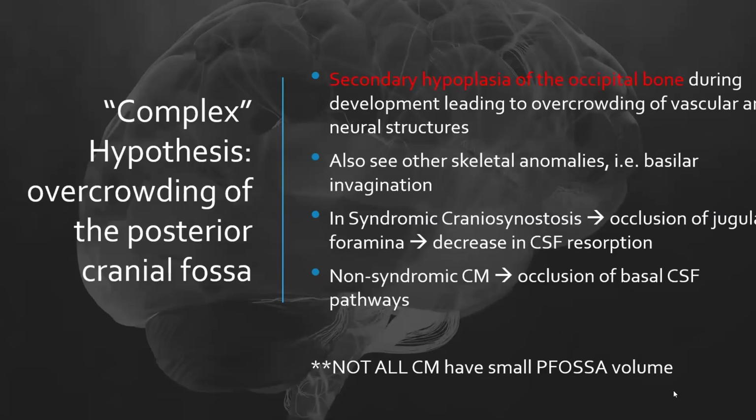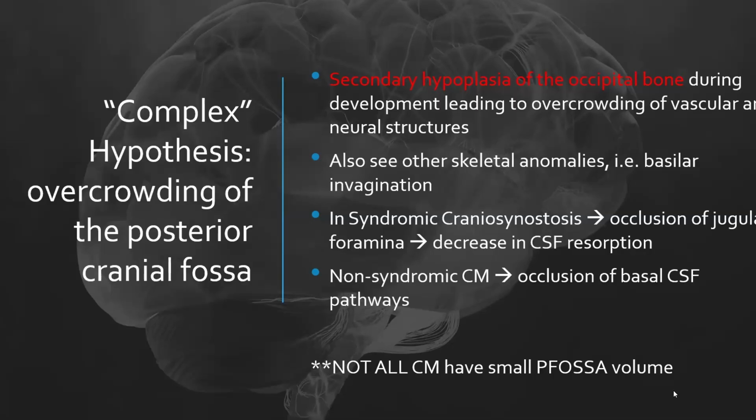And the other findings that you can see that are associated with this are things like basilar invagination, instability of the upper cervical spine. All of these go along with this hypothesis that there's some type of issue with the actual bone that goes on during development. You see this with syndromic craniosynostosis.